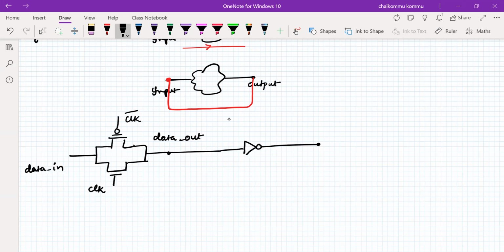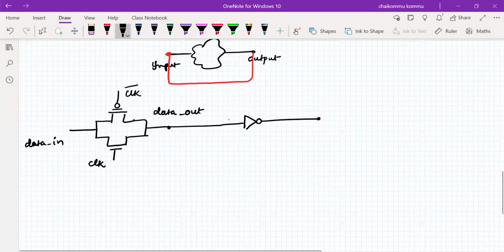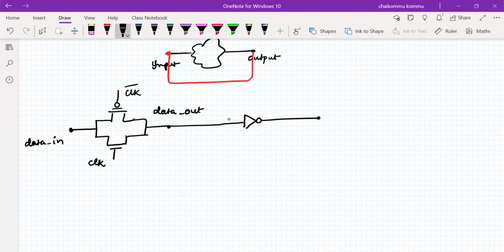Whenever we have switch level designs, the usual practice is to consider a NOT gate at the output side, so that if there is any degradation, it will be restored by the NOT gate. Therefore, they have to use the NOT gate at the output side. In order to send the information inside this block to the output side, the actual original output is this one.